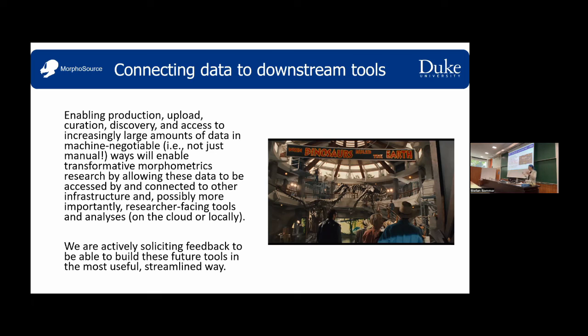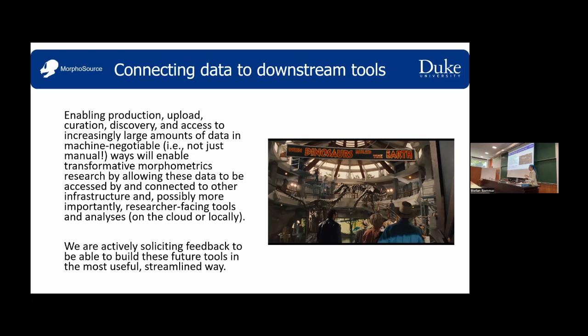I think we're a long way off from automating away researchers, obviously, but you need tools that enable researchers to negotiate databases better. Doing all of this will enable transformative morphometrics research by allowing those data to be accessed by, connected to other infrastructure, and used by downstream researcher-facing tools and analyses on the cloud or locally.